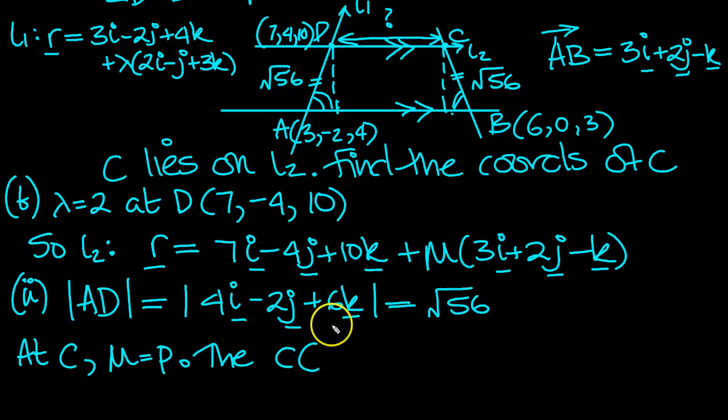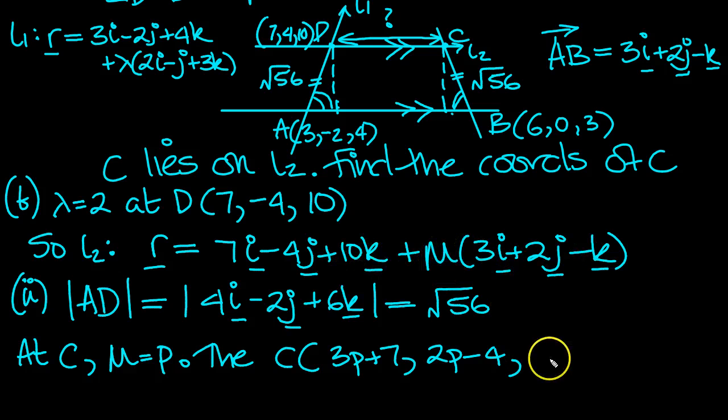We'll get 3p plus 7 as the x coordinate. Then 2p minus 4, and then 10 minus p. That's the coordinates of the point C as far as the information from line L2 is concerned.